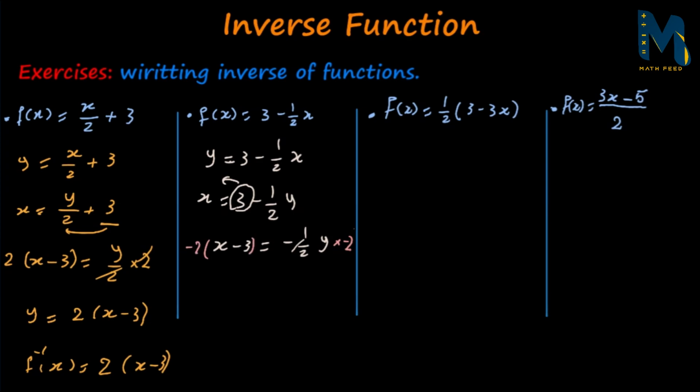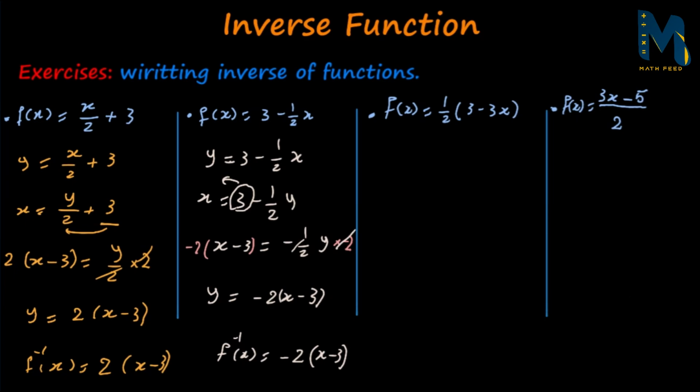And then negative 1 over 2 with negative 2 will cancel. Just y is remaining, and it will be negative 2 times (x minus 3) in parentheses. So we change y to f inverse of x equals negative 2(x minus 3). You can multiply negative 2 by x and negative 3, but it doesn't need it.